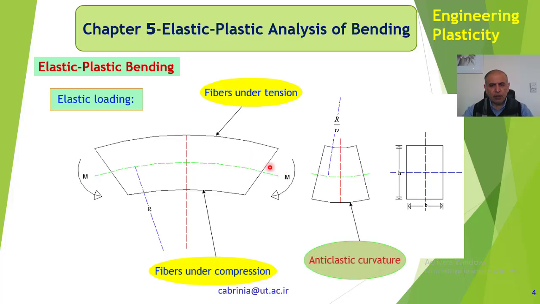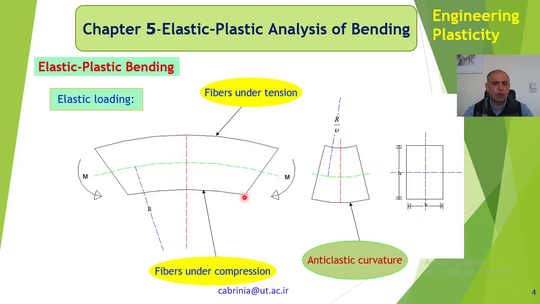Now if we look at it from the side view, from the right hand side, if we have a look at the cross section of the beam, if the original cross section was a rectangular shape like this, B times H is the cross section. After bending, it becomes like that.